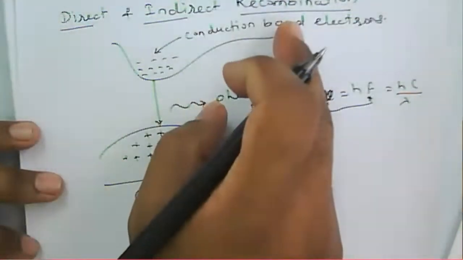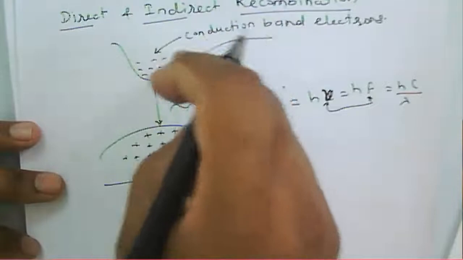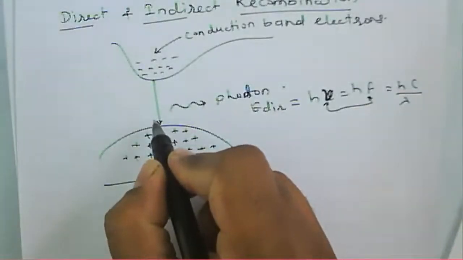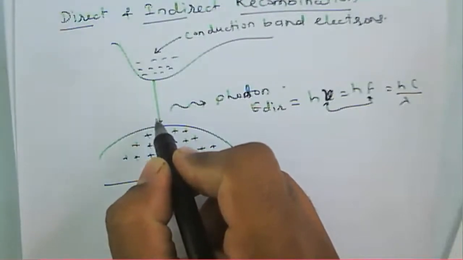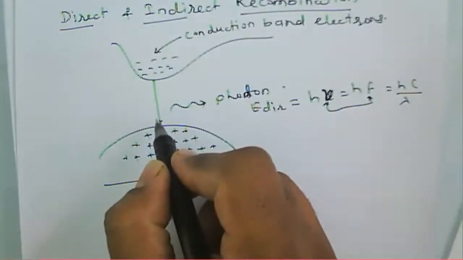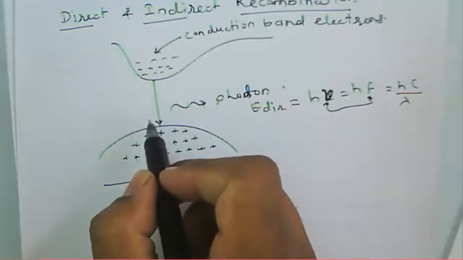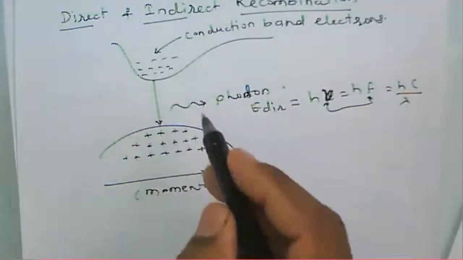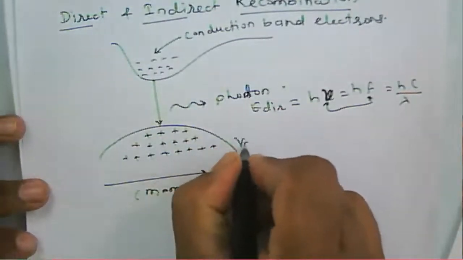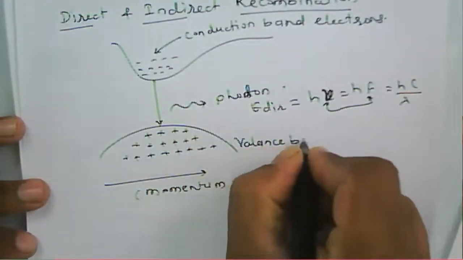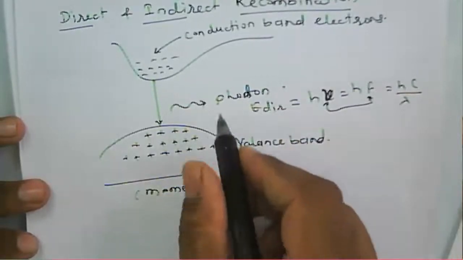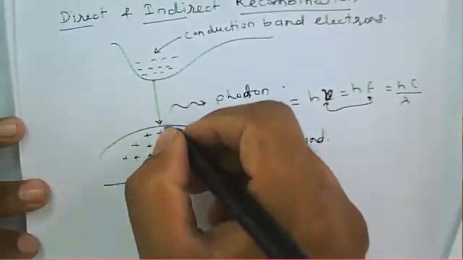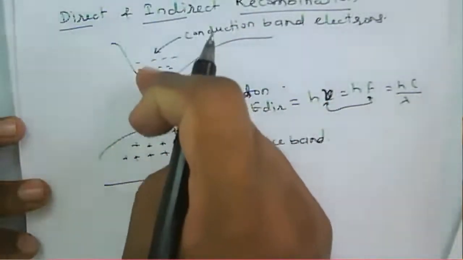Now in this particular case, direct recombination takes place. Means we have the photon for a given material, with a conduction band and a valence band here. That conduction band and valence band both lie exactly above the maximum energy of the valence band and the conduction band.